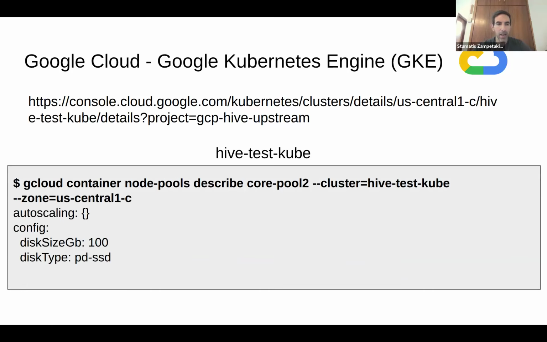If we want to get more information about each node pool, we can send the describe command. So you can do container node pools describe and put the core pool that we want to see the configuration for. Currently, the core pool does not have auto-scaling, and it uses an SSD of 100 gigabytes.